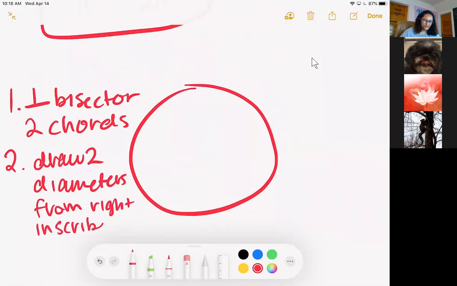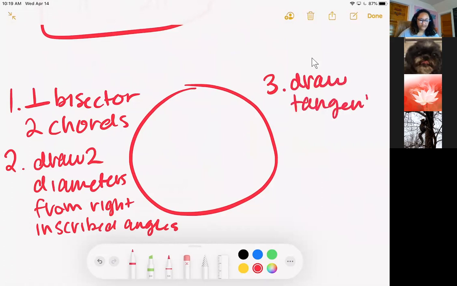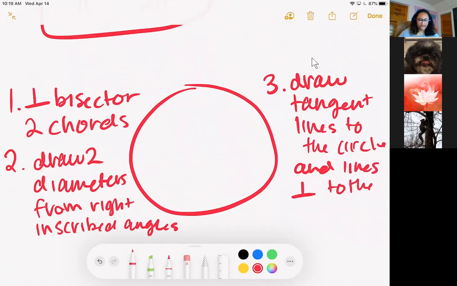And there's one we didn't talk about in class, unless you were in 7th hour because Aya brought it up, where you can draw tangent lines to the circle, and lines perpendicular to them are the radii. Yeah, there's 3 separate ways.